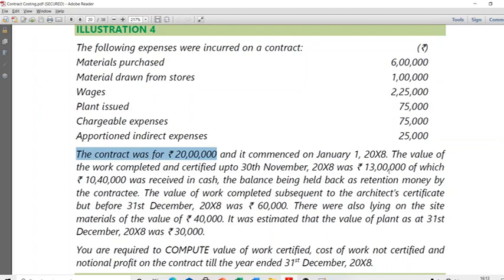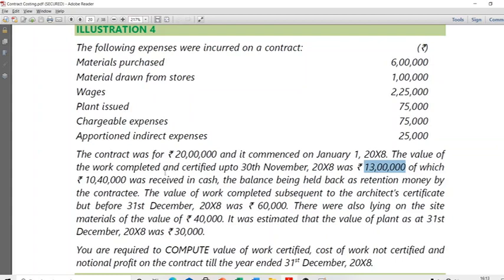The architect comes on 30th of November and says 13 lakhs of work was done. Actually the year gets over on 31st December, he should have come on 31st December, but whatever, he comes on 30th November and says 13 lakhs of work certified. Instead of telling 65% of work was done, if he had told that, I could have just multiplied 65% of 20 lakhs, and I would have known 13 lakhs.